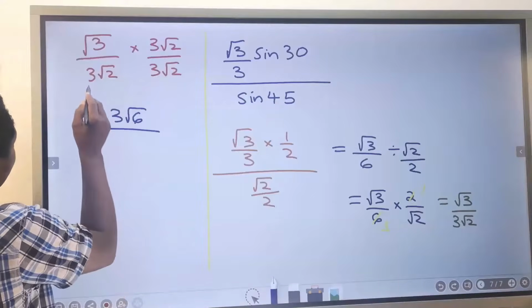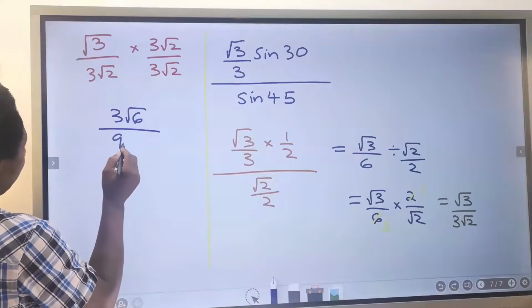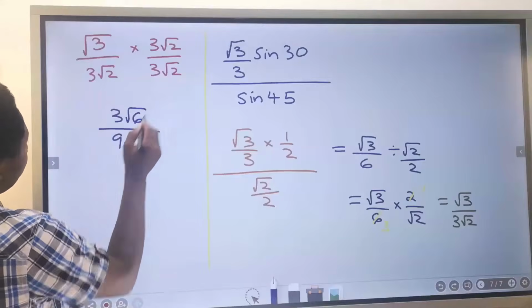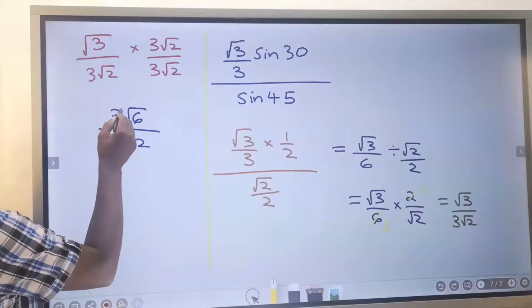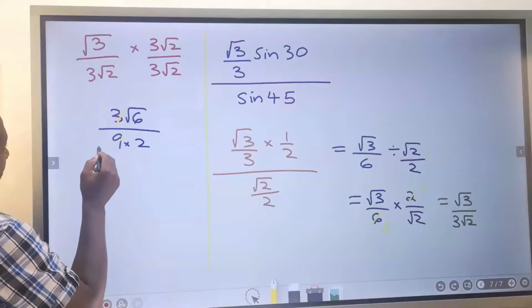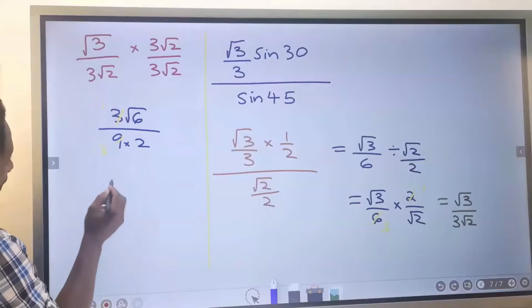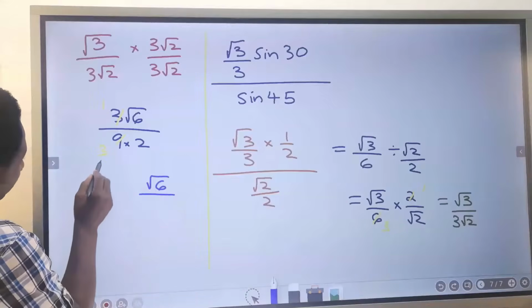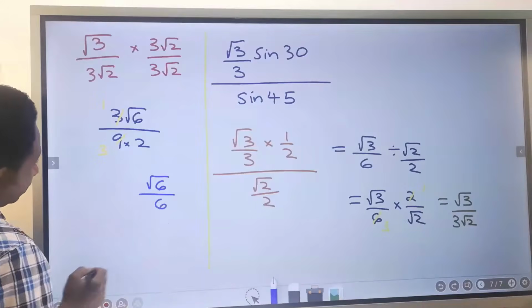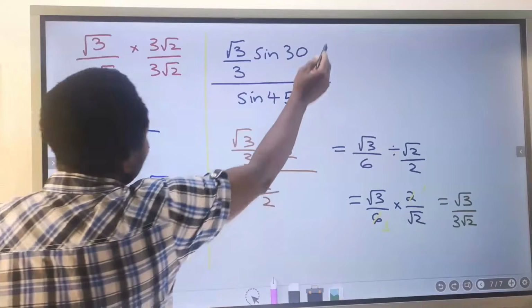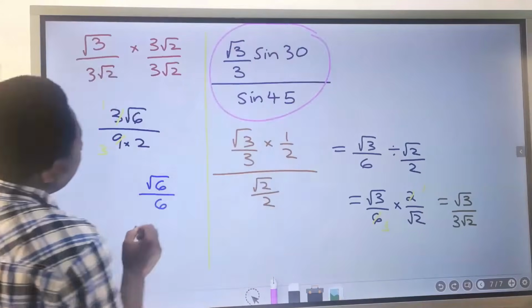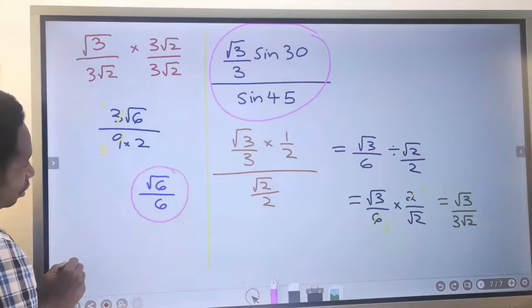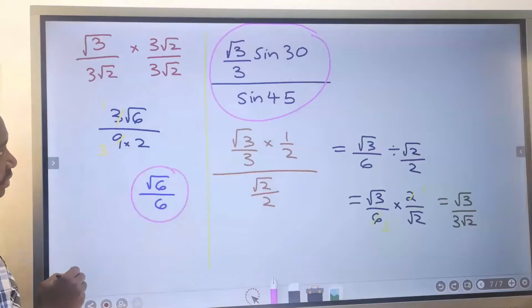Divided by 3 times 3 is 9, and root 2 times root 2 is 2. 3 here is 1 and 3 here is 3. Here we are going to have root 6 divided by 3 times 2 is 6. You see, we have simplified all this to become the square root of 6 divided by 6.